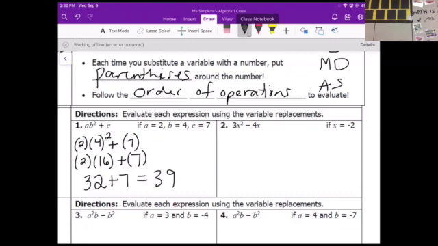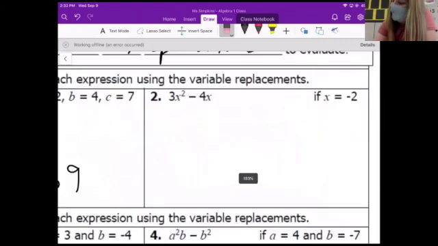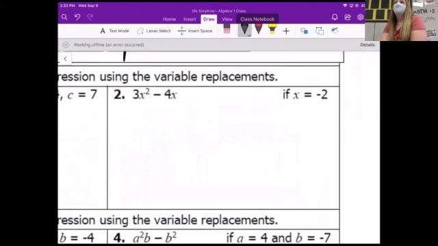Okay, so let's look at number 2. Number 2 says 3x squared minus 4x, but it also tells me that x is worth -2. So wherever I see an x, I'm going to replace that x with a -2 in parentheses.